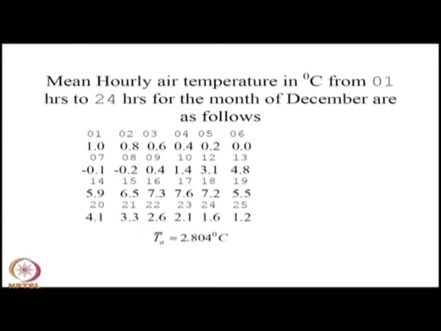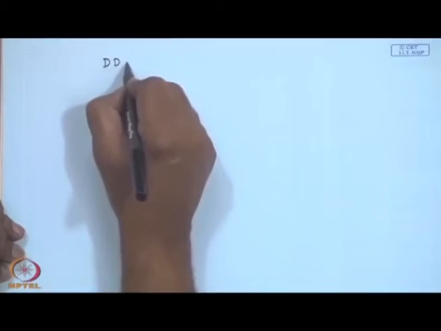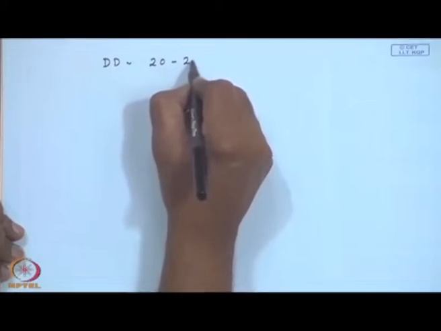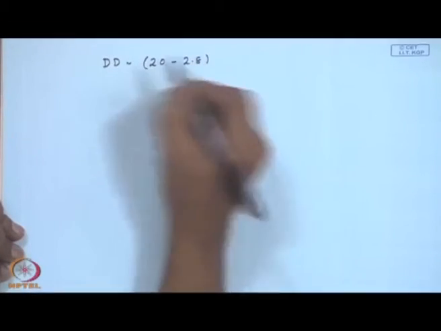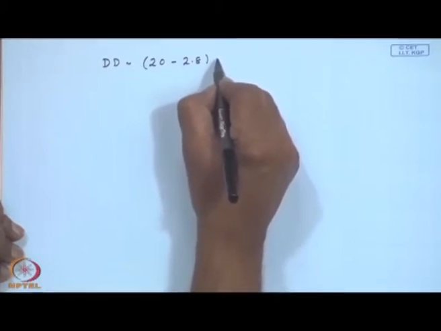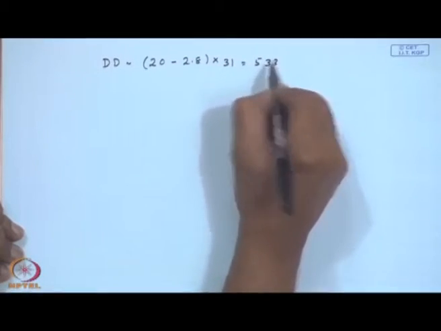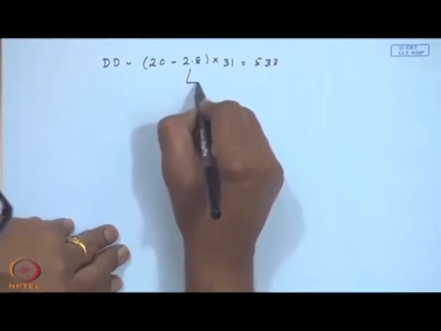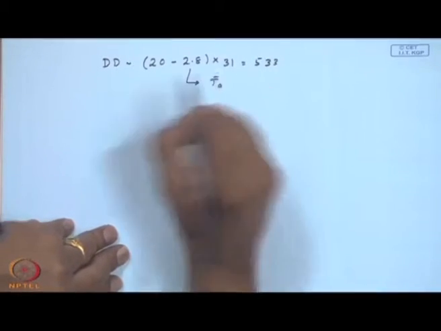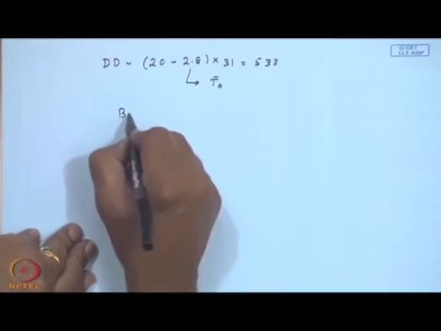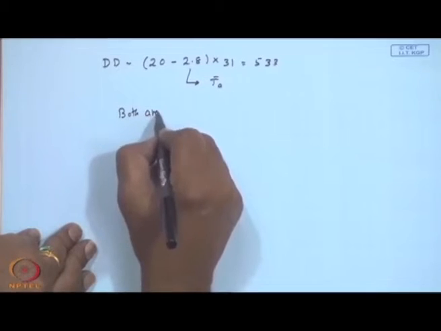Now, I was suggesting a simpler method, that is simply degree days approximately equal to 20, the comfort condition, minus 2.8, the monthly average temperature, multiplied by 31, equal to 533. So, this is the T A bar. Now, both are identical.